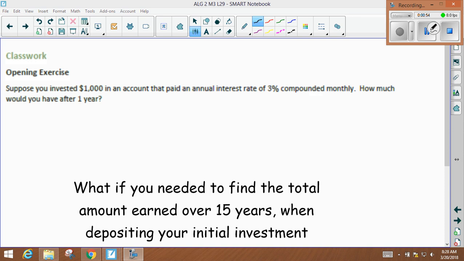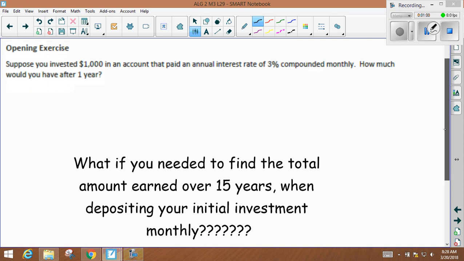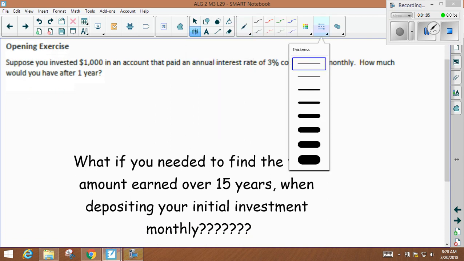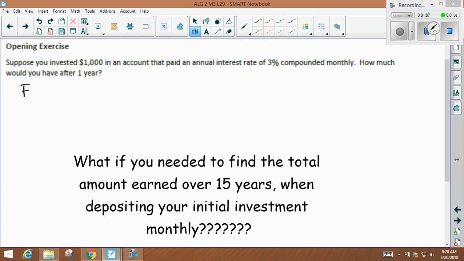Alright guys, so we've answered this question before. Right? We know how to do this. We would say that f of t is equal to our principal times 1 plus our interest rate divided by the number of times compounded, right?